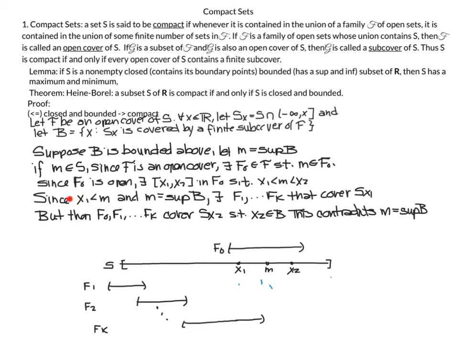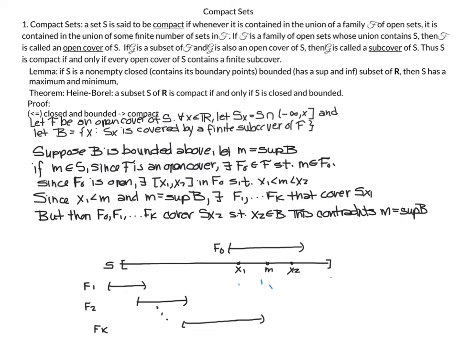Since x1 is less than M, remember by our definition of Sx, those are the intersection of S up to the greatest value of x. So that means there's going to be an open cover that covers Sx1, because that covers everything of the intersection with S with the greatest value of x1.